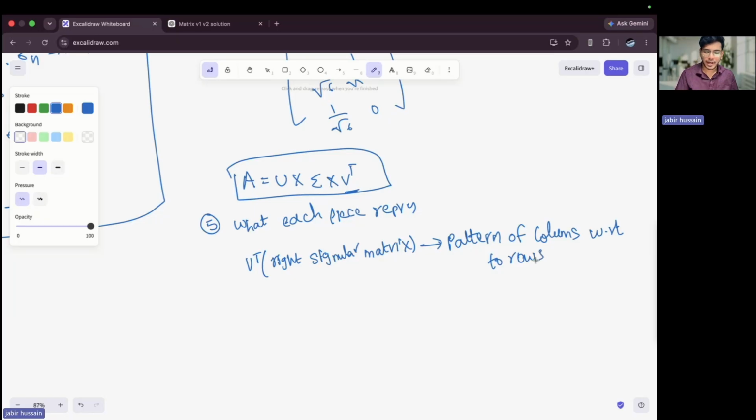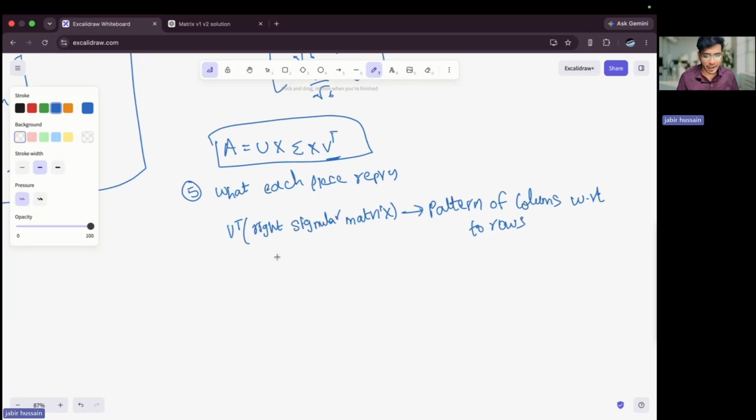For example, in our case, we have movies. Movies are our columns. So this will tell how movies are changing, or what are the same movies that users are liking. So this will create the cluster of movies, like the similar movies liked by users.